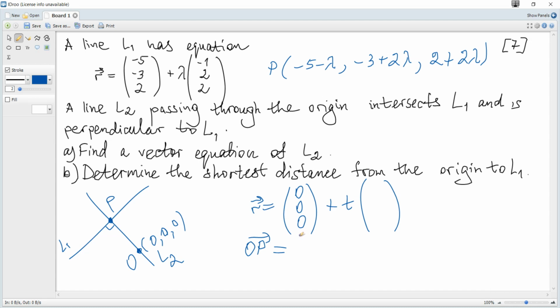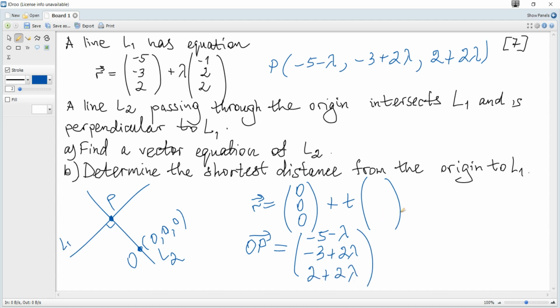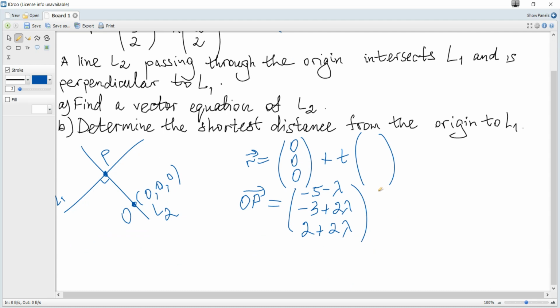So since the starting point is origin 0, 0, 0, vector OP has coordinates -5 minus lambda minus 0, -3 plus 2 lambda minus 0, and 2 plus 2 lambda minus 0. And if we find lambda, we will know vector OP, and hence we will know the required direction vector.